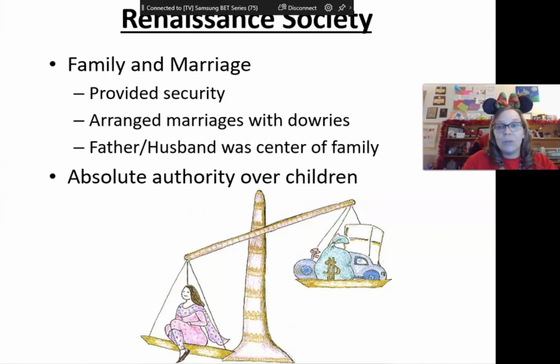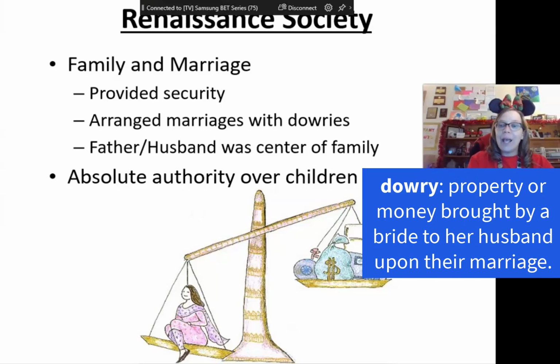All right, similar to what we've talked about before, family is a very big part of everyday life in Europe. And when it came to getting married, some things were common at the time. Number one, marriage was seen as a way to gain security for your family. Two, there were arranged marriages in which a family would set aside a bit of money called a dowry, and when their daughter got married, her husband would get this dowry.